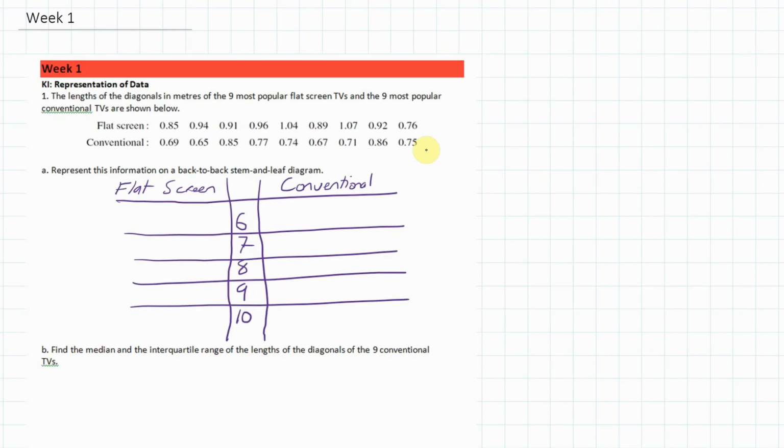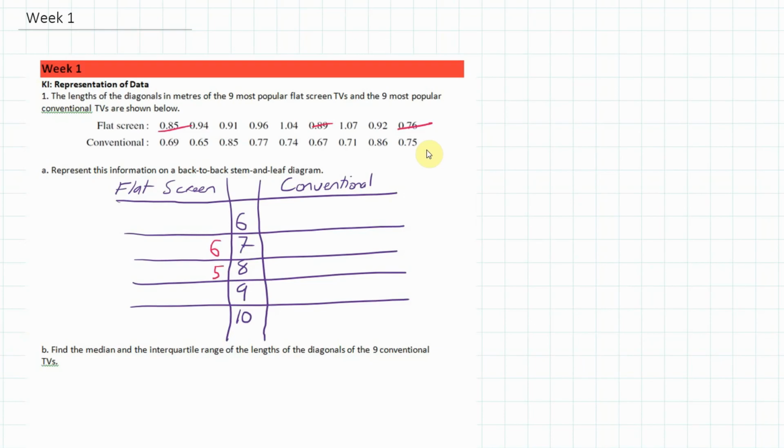Now let's do the flat screen first. What have we got for the flat screen? The smallest we have, I think, is 0.76, so we go down to here and we'll put a 6 there. And then we've got an 8.5 and an 8.9, so I'll do those next.